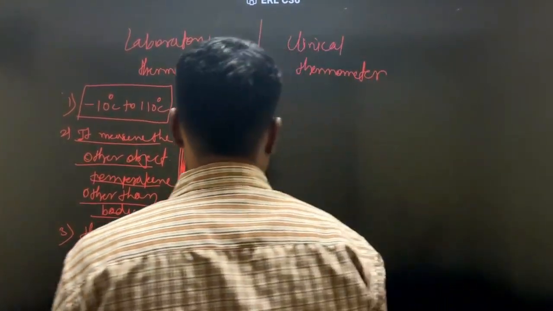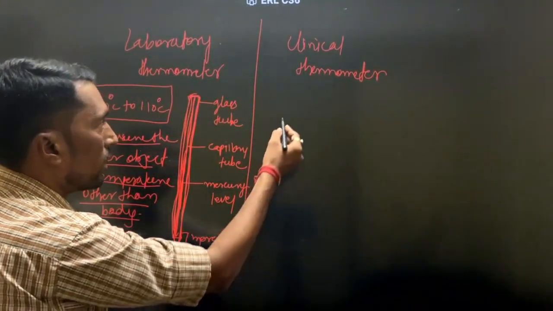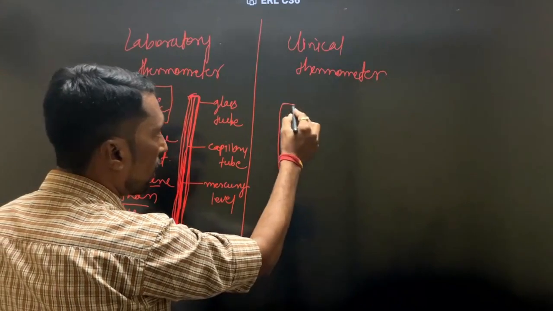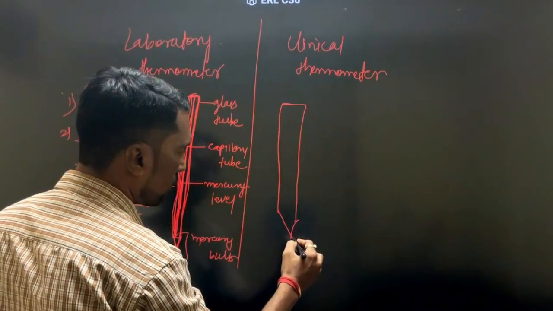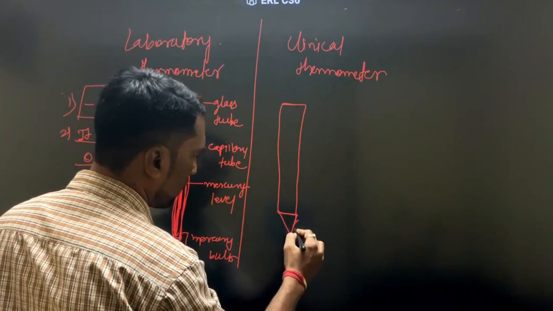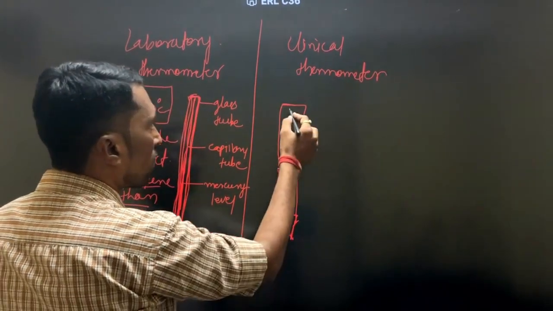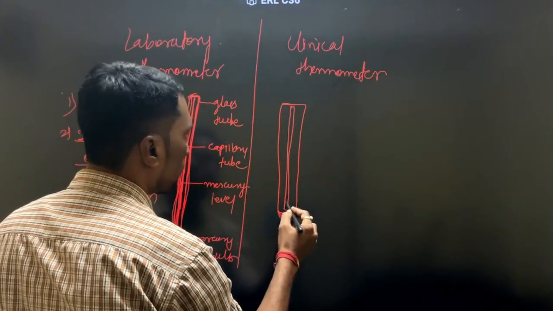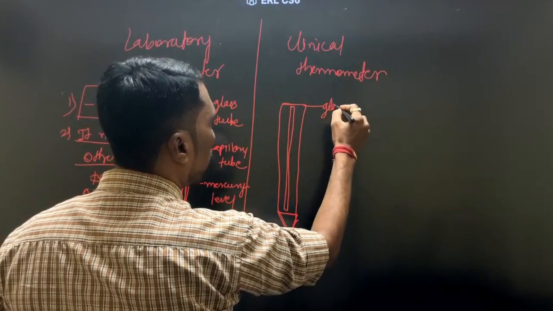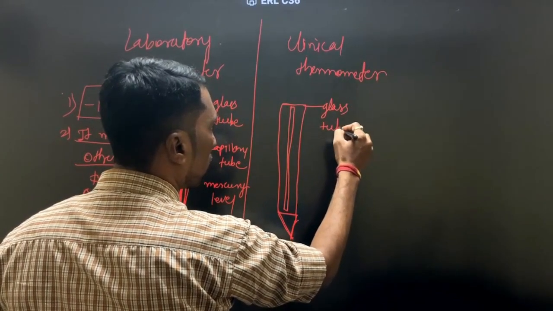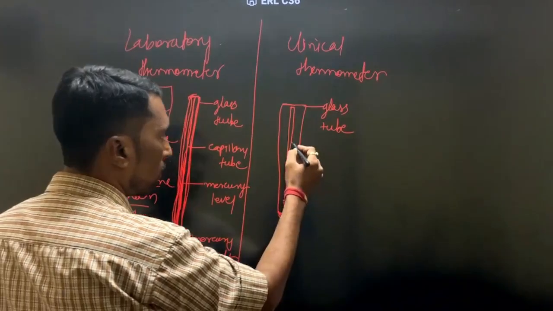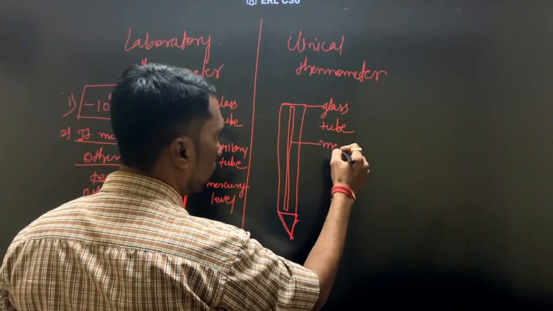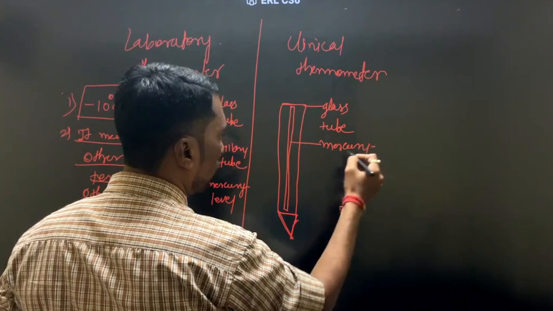Let's show the clinical thermometer here. Here is the clinical thermometer. I will draw the diagram for that. Again, this is the glass tube. Glass tube is there. This is the mercury column.